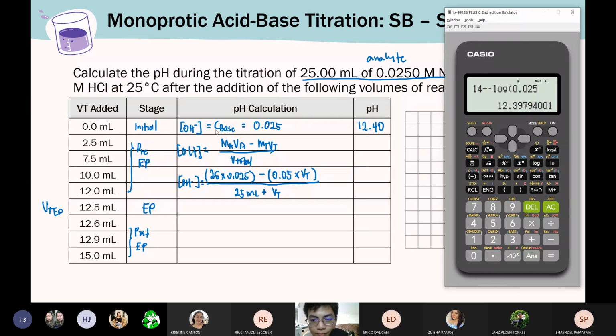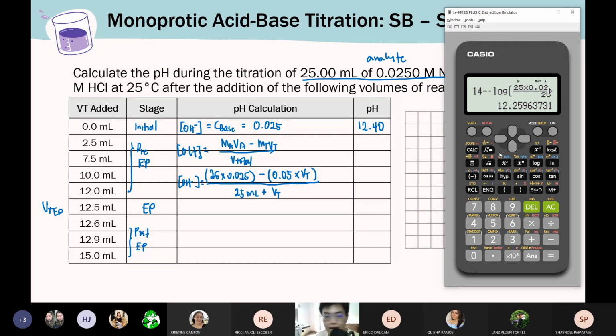Dito ko na lang i-plug in. So that's 25 times 0.025 minus 0.05 times 2.5 ml muna. Tama ba pinindot ko? Okay.